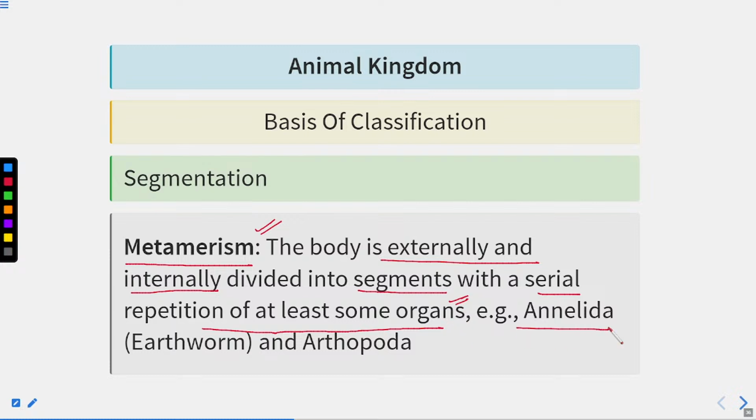For example, Annelida, that is the earthworm, and Arthropoda show metamerism. Each segment has the repetition of organs, and the segmentation is outside as well as inside. That is a very peculiar characteristic of Annelida and Arthropoda.